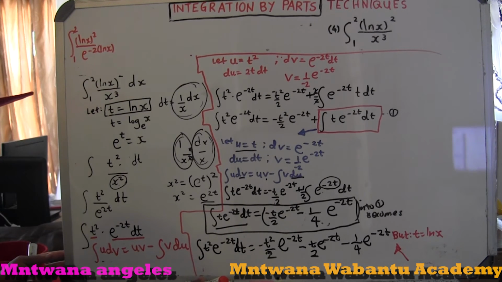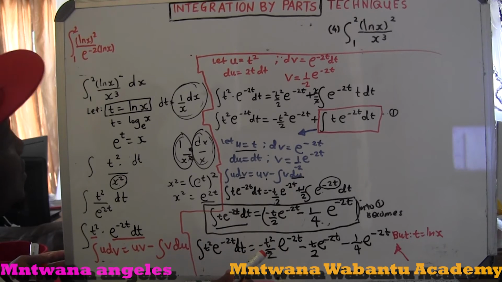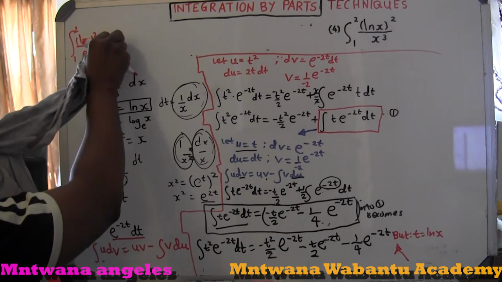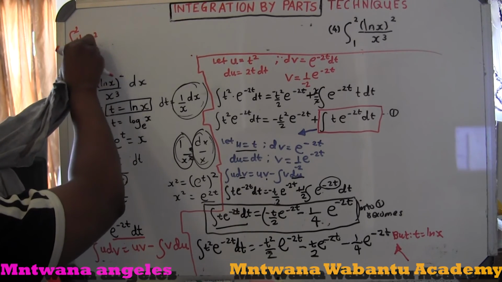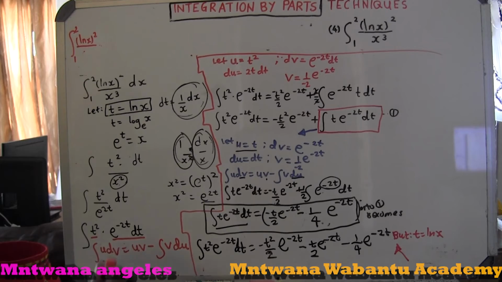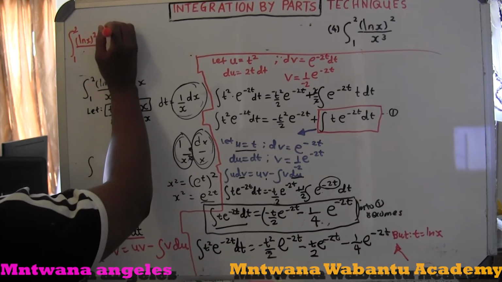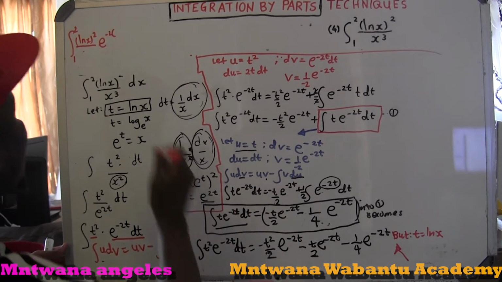You know what I'm saying? I apologize, I have to show you how it comes. I have to show exactly how everything comes back. I don't have to cheat here. Times e to the negative 2t, what is t? ln of x.